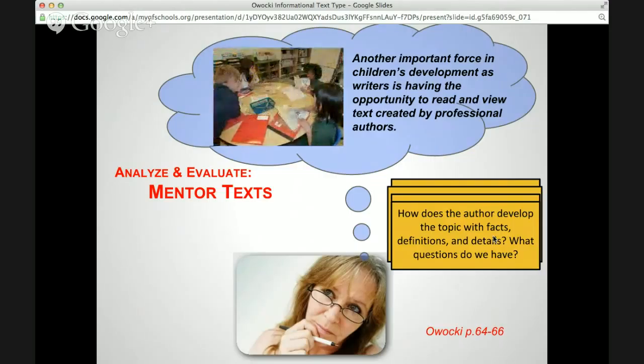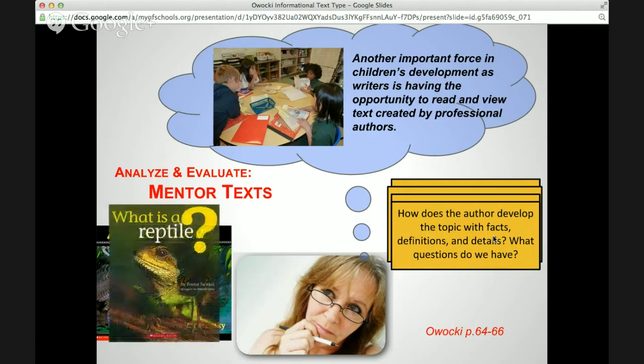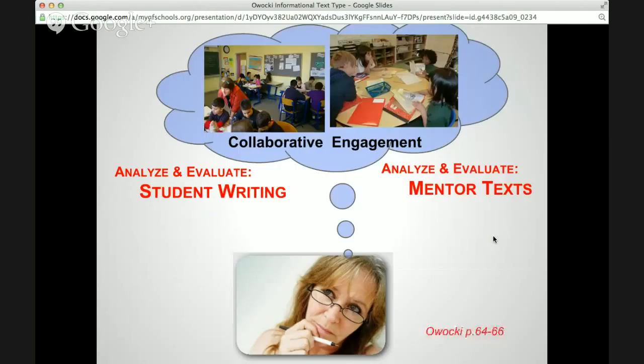They're going to be looking at the same criteria that we used, the criteria for informational text writing, but this time you're going to be looking at professional authors. These mentor texts are the strong models you want students to emulate and imitate. And we know there are beautiful informational mentor texts out there.